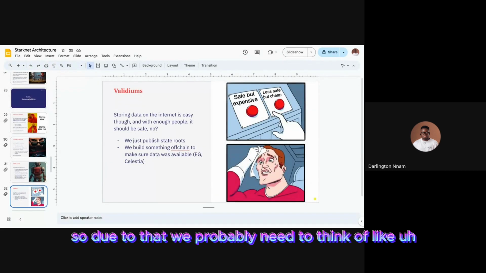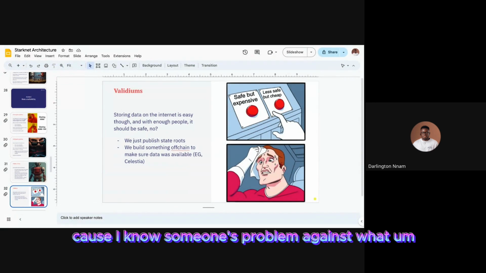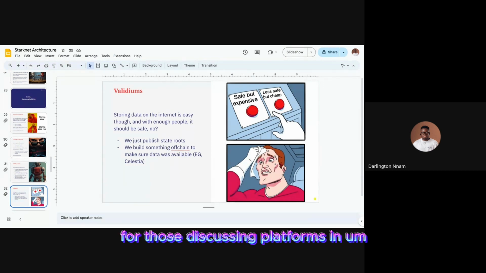So due to that, we need to think of more effective ways of storing data. Of course, with the introduction of EIP-4844, because I know someone's probably going to ask, as you can see, storing state diffs is now much cheaper. I'm going to explain how EIP-4844 does this in simpler terms in the coming slides.